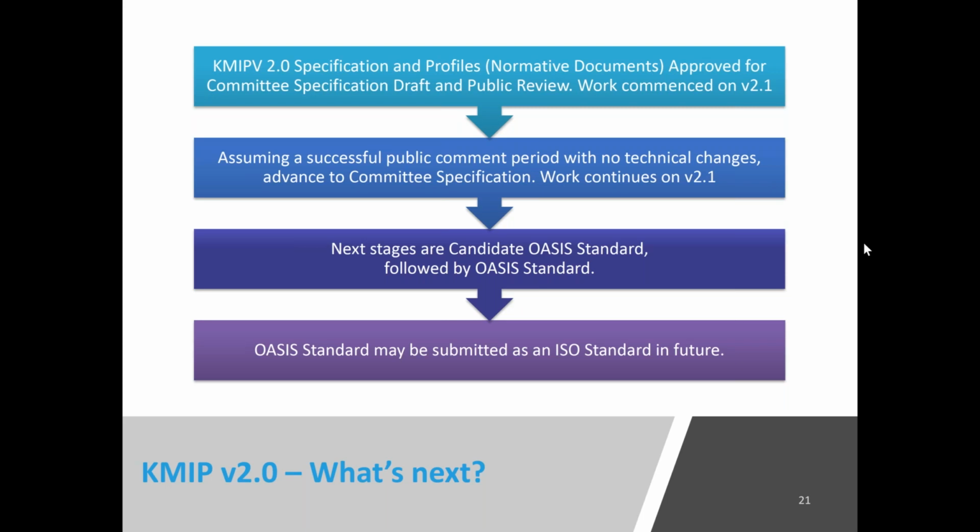So we've already started setting the scope for KMIP version 2.1, and we will likely be testing that later in the year. Assuming we have a successful public comment period with no major or material changes to the spec, we'll push straight into committee specification for the specification profiles, whilst work is continuing on 2.1. And from there, the KMIP 2.0 spec will go into candidate OASIS standard, then hopefully published by OASIS very, very shortly.